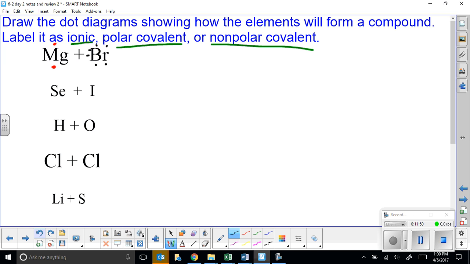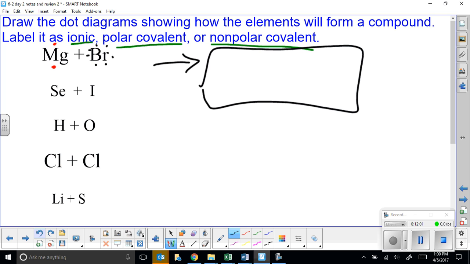Let's see, where did I miss one? 7. And then you see if you need to add another bromine or another magnesium. And then you're going to put your arrow, and then you're going to put your products over here. So again, you can go back to look at this if you need more review. But that's one ionic, one polar covalent, and one nonpolar covalent molecule.